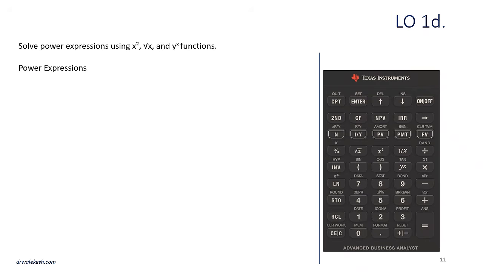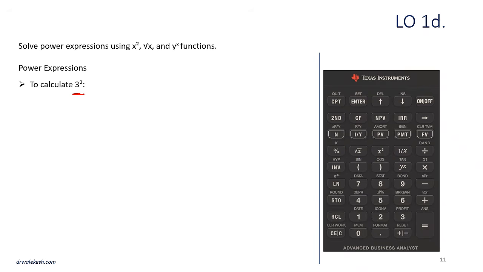Let us get started with power expressions using these 3 functions. I have them here. This is x squared, this is square root of x, and this is y raised to power x.